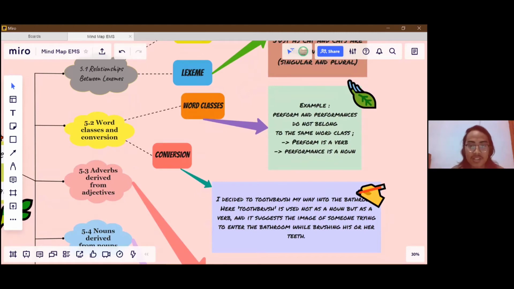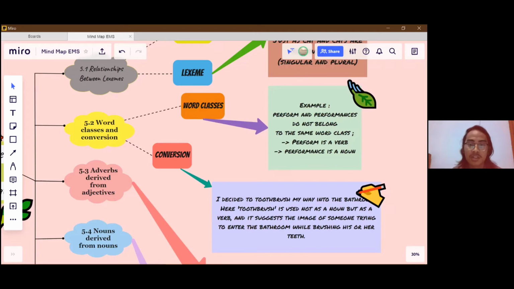In English, every word belongs to one of the parts of speech. For example, person, perform and performance do not belong to the same word class. Perform is a verb, performance is a noun.